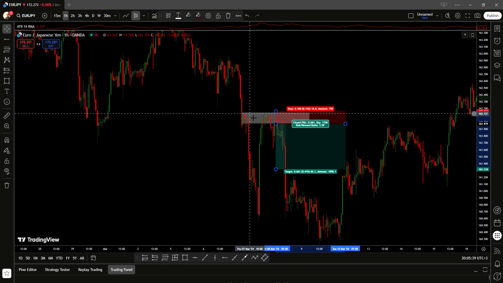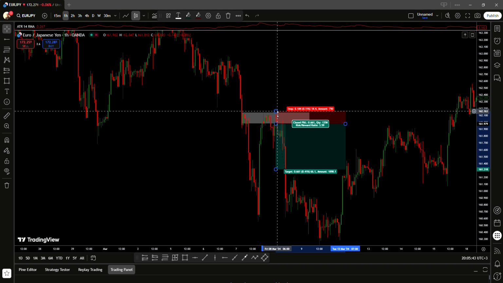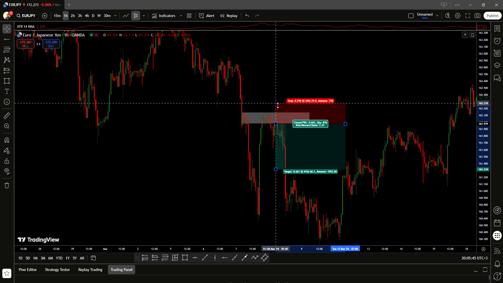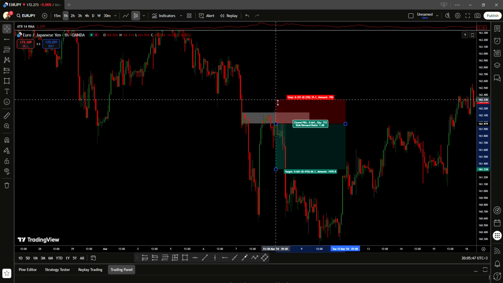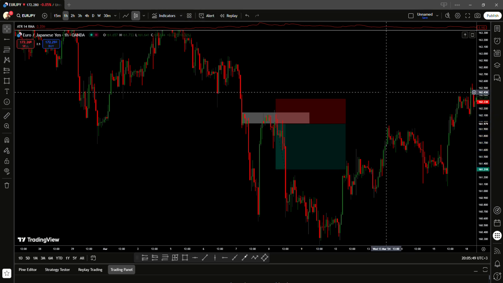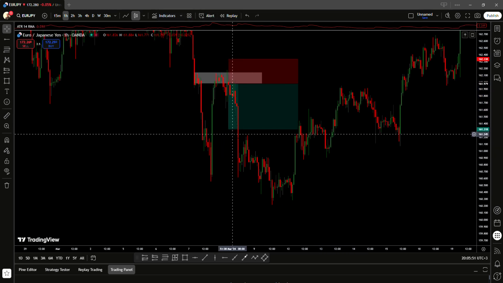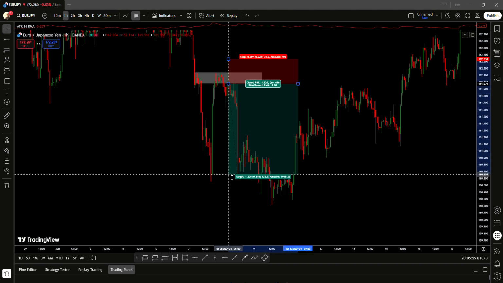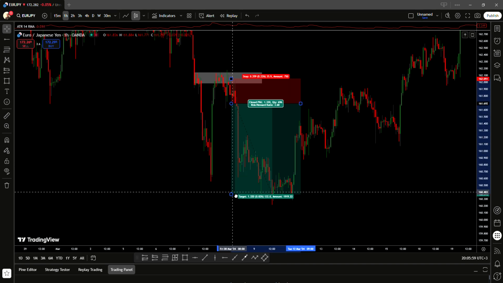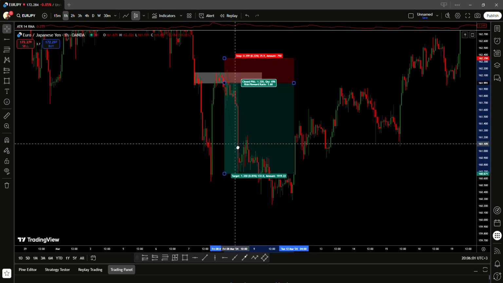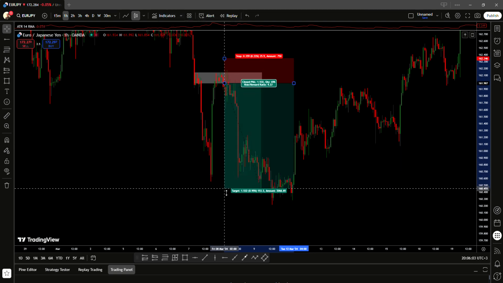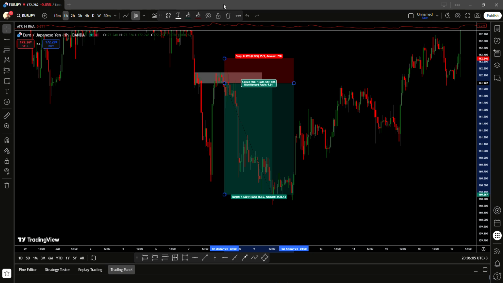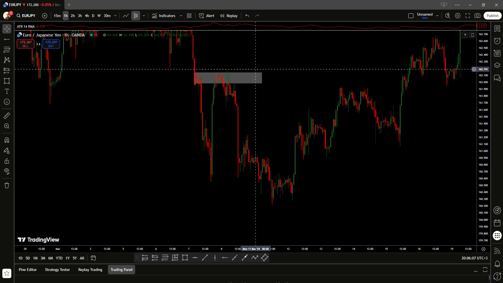ATR here was 22. 18 plus 22, that is 40. 40 is too far, so I would go for 35. Respected the area clearly, and then we target the previous high, which is 1:3, 132 pips. It went up to 160 pips. Good.